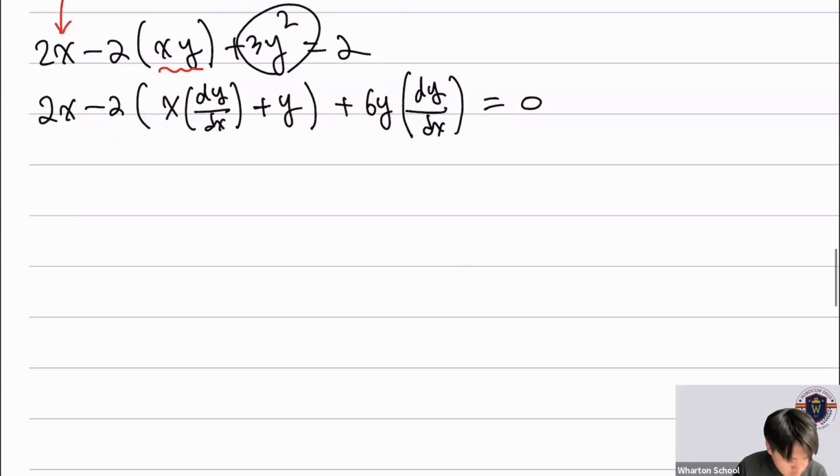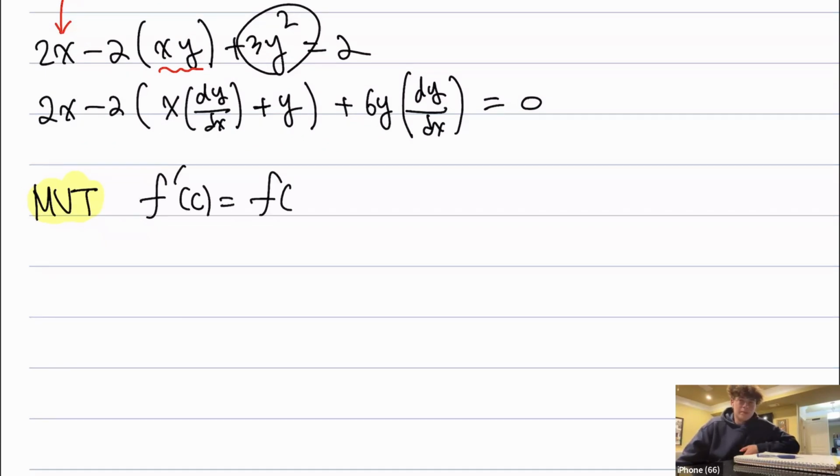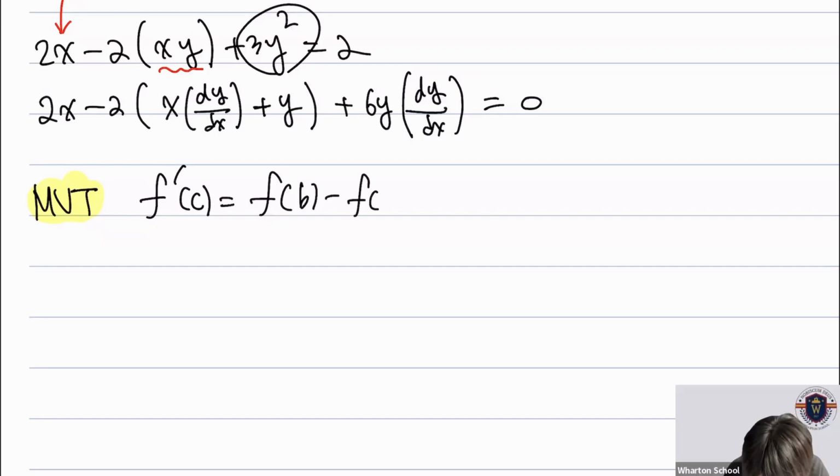Next one would be MVT. Remember anything about MVT? Yeah, let's go MVT. MVT is f prime of c is equal to f(b) minus f(a) over b minus a.